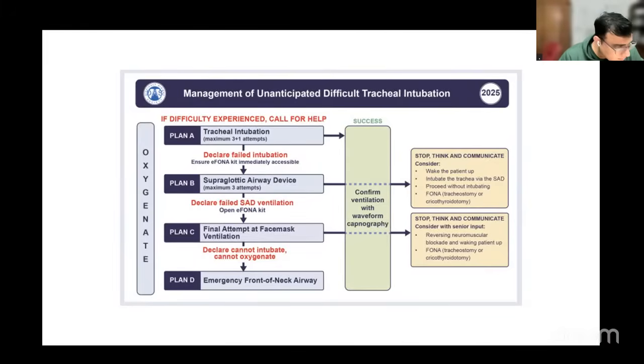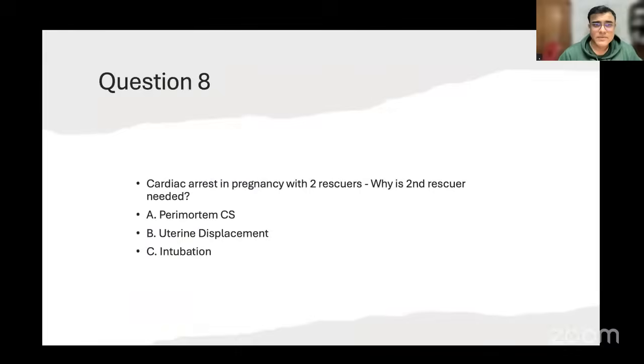I'm trying to see some of the comments as well. Yeah, so it is a cannot intubate, cannot ventilate scenario only. So front of neck airway is the answer there. Okay. For the Mackoka score, I think the question was the lowest score.